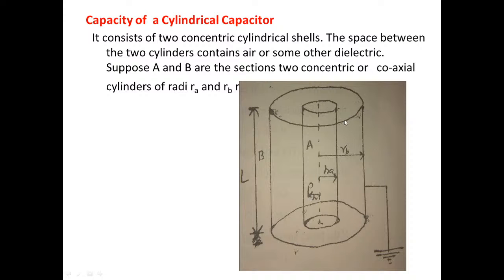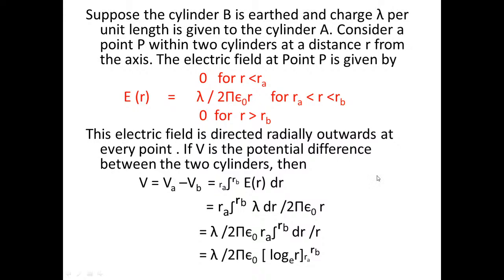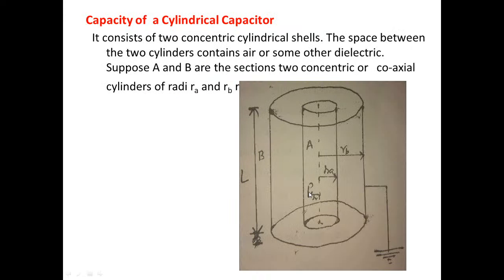So, there are three possibilities. What are those possibilities? The electric field at point P is 0 when the point P lies at a distance less than the radius of the inner cylinder. When R is less than RA, the value of electric field intensity E is 0.